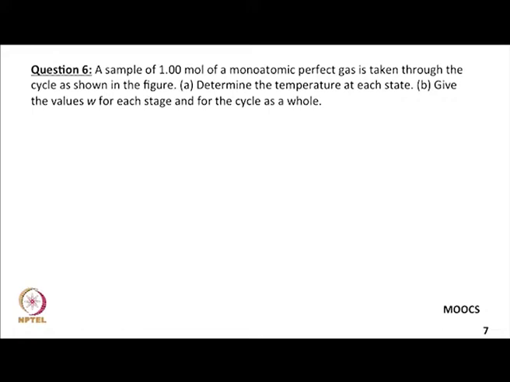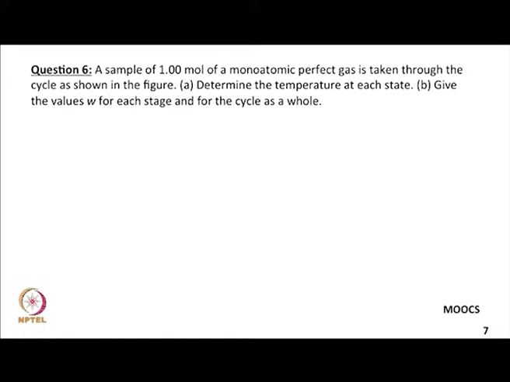Last question in this tutorial is on a cyclic process. Let us consider a sample of 1 mole of a monatomic perfect gas, which is taken through the cycle, which I will show soon in the figure.